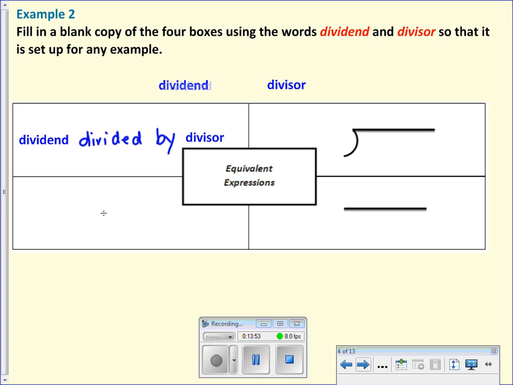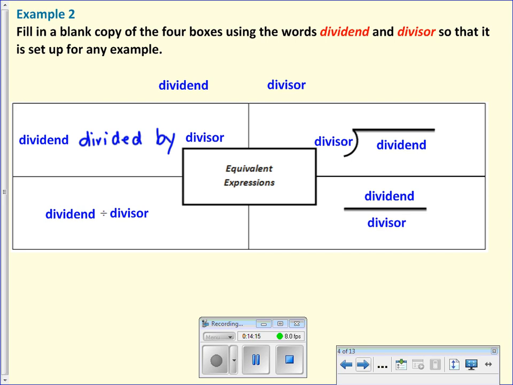Or we could do dividend divided by the divisor in the house. Or dividend divided by divisor using the division symbol. Or with the fraction bar, dividend divided by divisor.